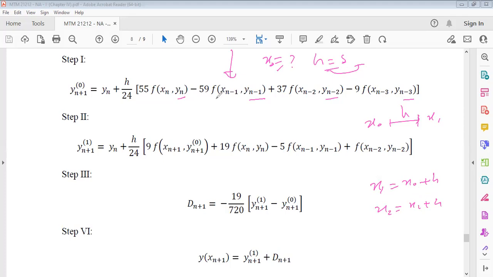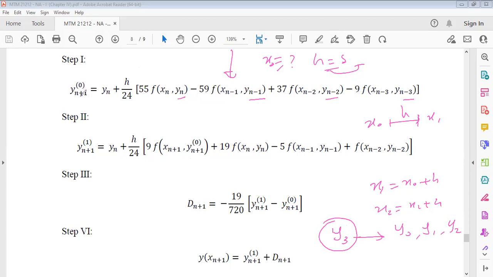In the multi-step method, if I need to find y3, how many points do I need from the tabular values? They have to give you y0, y1, y2. Then only can we find y3 using this multi-step method.